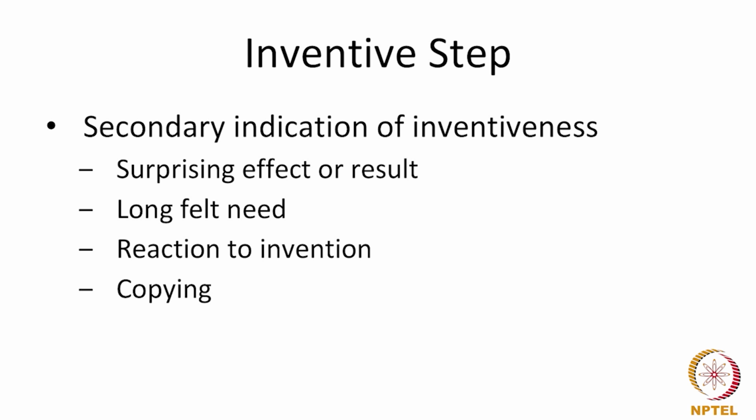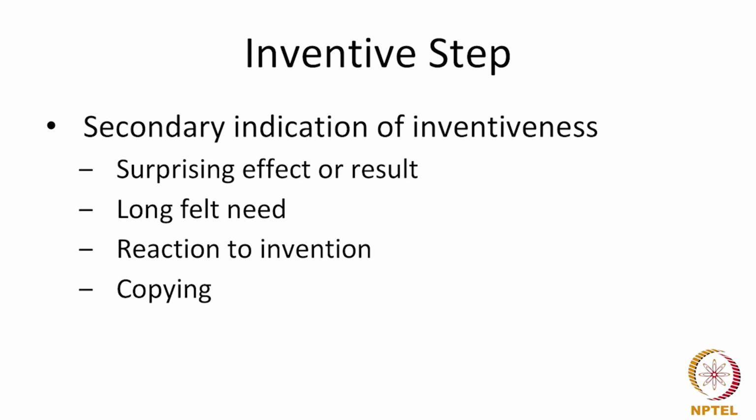So, some of the commonly applied secondary factors include a surprising effect or result. Now, again, this is something which you will find in patent drafting. In many patents you will find that it was surprisingly found, or there was a surprising result, and then they will mention what was the surprising result or the effect.